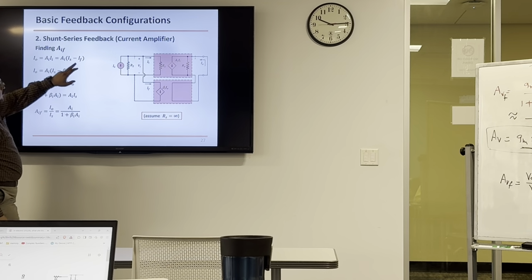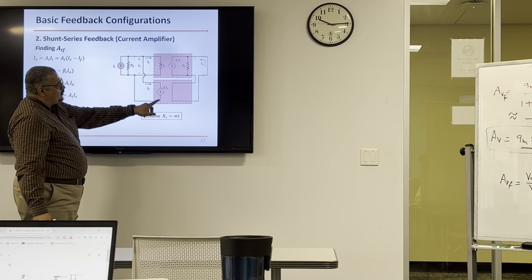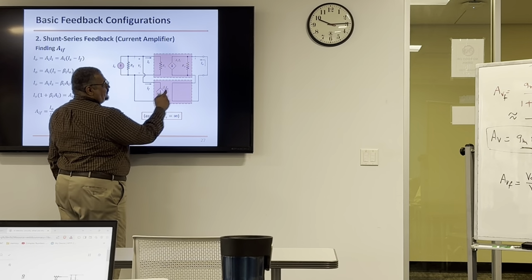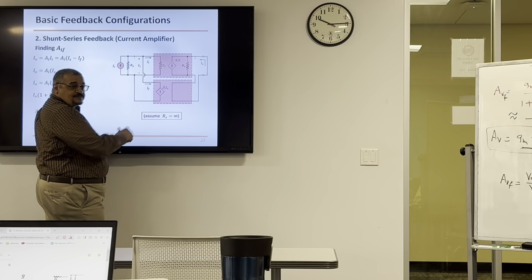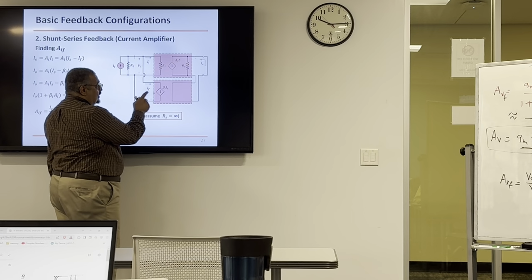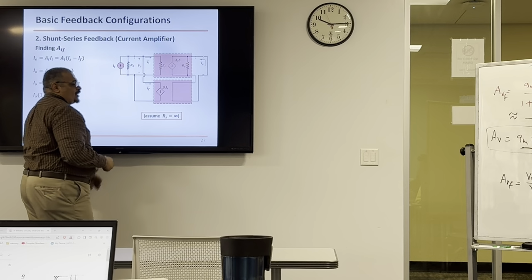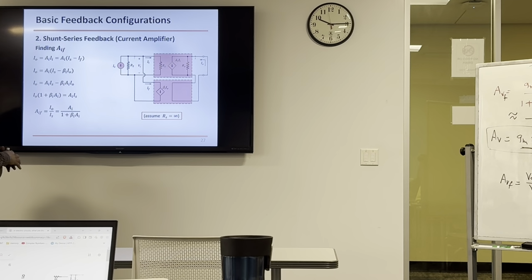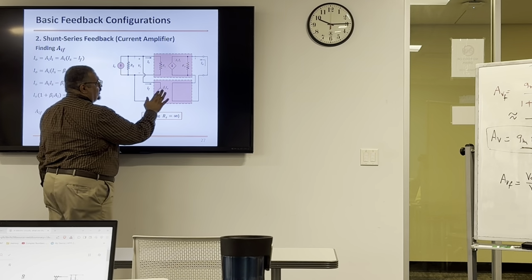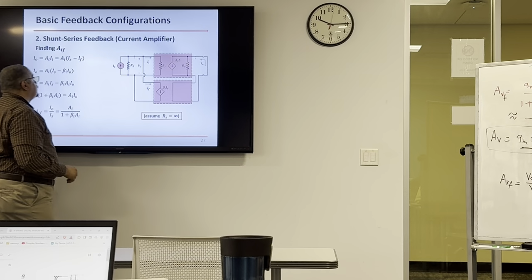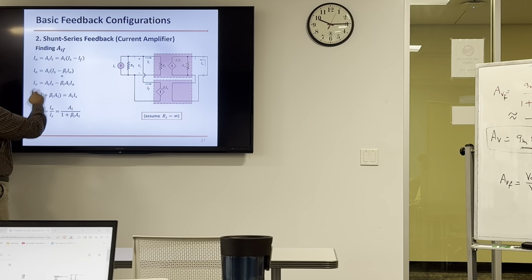Then, what's IF? What's this current? Well, this current is a fraction of this current. This is the feedback current. So the feedback current I sub F is beta I times IO, where beta I is the gain, or actually the attenuation, of this feedback network. So substitute IF with beta I times IO. Then you multiply AI on both sides, you get this.